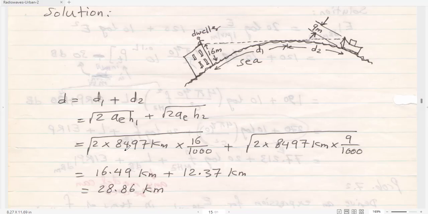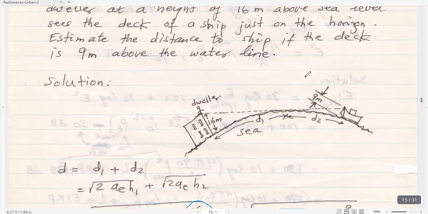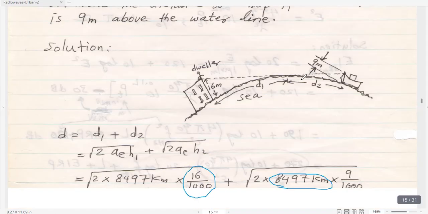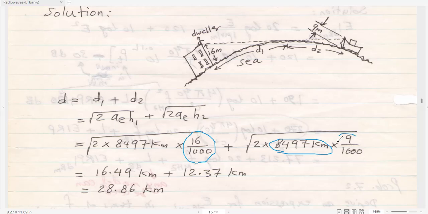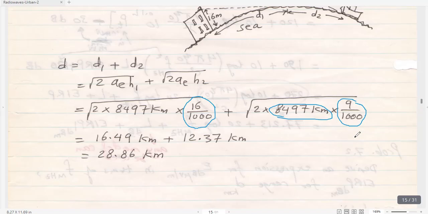Twice AE, which is 8,497 kilometers, and the height of the building is 16 meters, and we convert it to kilometers because here we have kilometers and kilometers. Similarly here, this is AE, the effective radius of the earth, and the height of the deck of the ship is 9 meters. We convert 9 meters into kilometers by dividing by 1000, and we get this value.